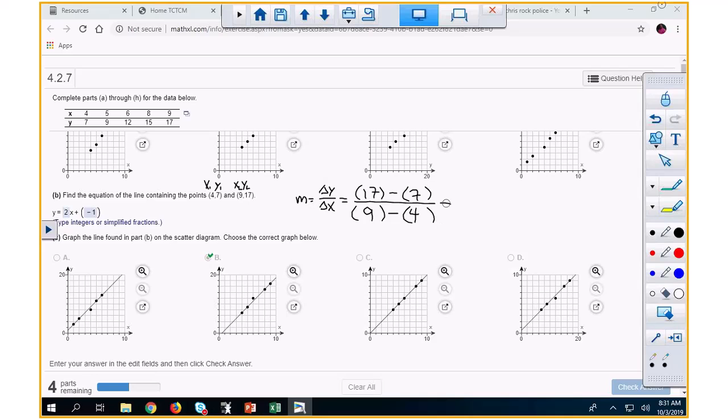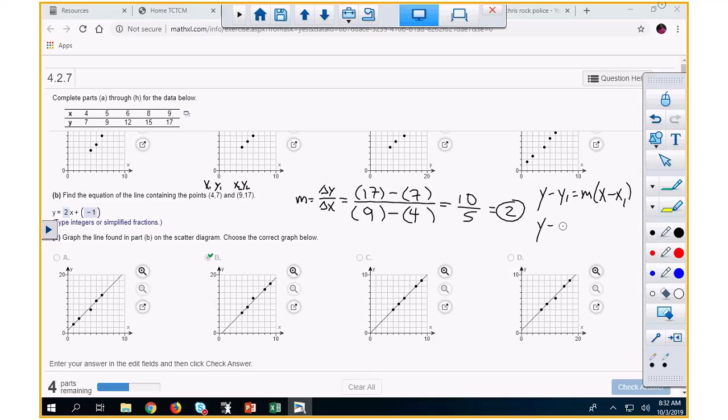What is 17 minus 7? 10. What is 9 minus 4? So what is the slope? Slope is 2. So y minus y sub 1 is equal to m times x minus x sub 1. Y minus, pick a point. I'm going to pick 4 and 7 because it's what? Smaller.